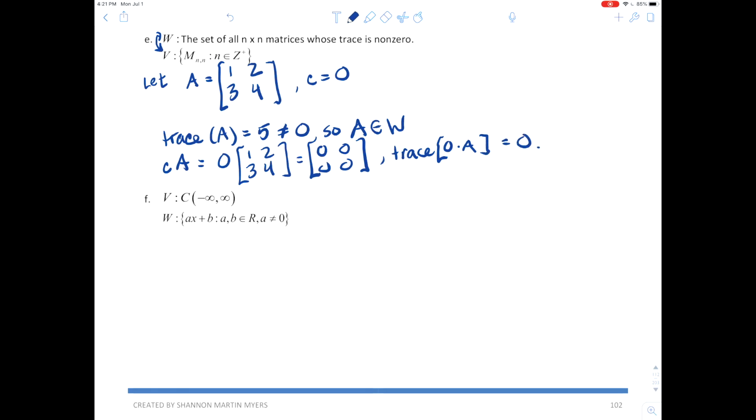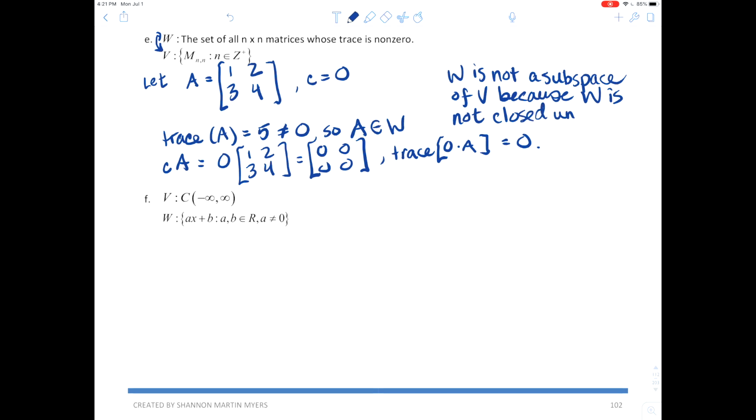So we can say that W is not a subspace of V, because W is not closed under scalar multiplication.